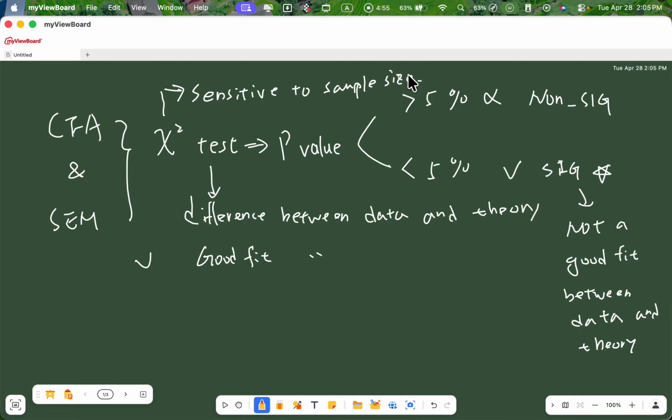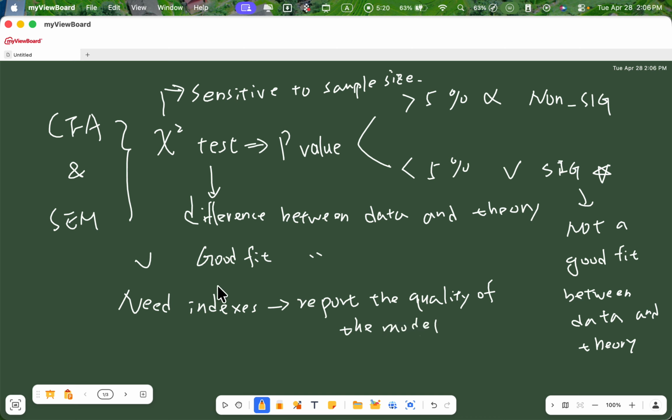So we need more indexes to report the quality of the model. These are called model fit indexes. We have a lot of model fit indexes. The chi-square test is only one, but we need more because the chi-square p-value is usually less than 5%.